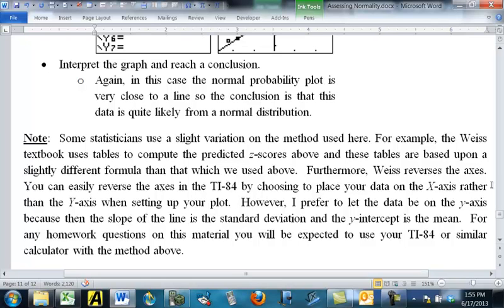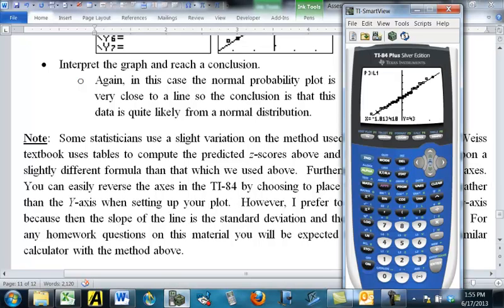Okay. The other thing that they do is Weiss reverses the axes so that the x's are the data value and the y's are the probabilities. Now that's pretty easy to do here. If we go on the calculator down here to plot 3, and we just make the choice down here where it says data axis, we choose X instead, and then do a zoom 9.